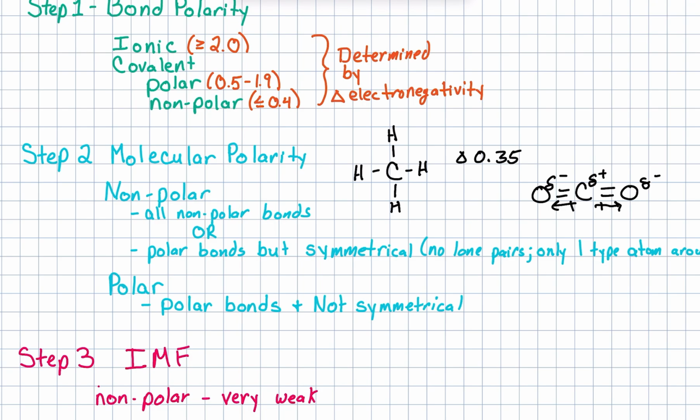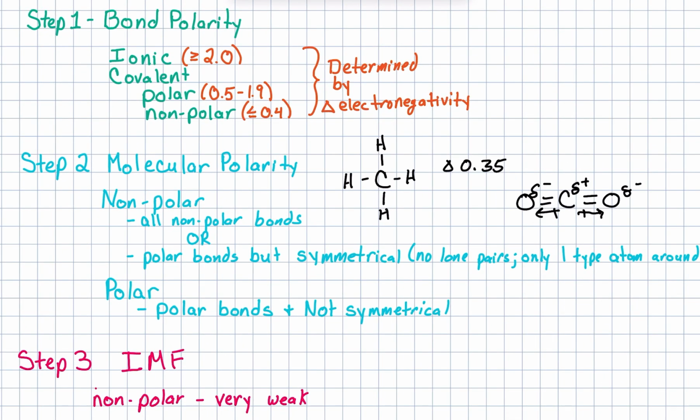That means it's nonpolar. And what symmetrical means is that these dipoles are like vectors. So here was my one dipole, here was my other dipole. Since they're like vectors, because they're equal, their change is 0.89.